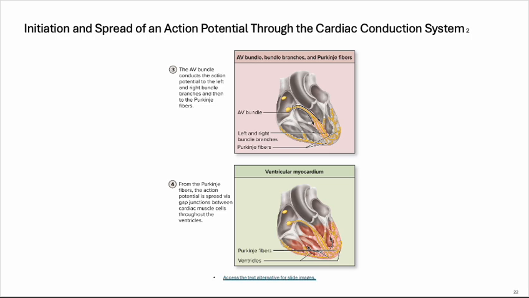So again, you go SA node to AV node to that AV bundle or bundle of His to the bundle branches, and then to the Purkinje fibers, right? And again, you get this very quick signal moving down, especially with the Purkinje fibers. The Purkinje fibers are really large, so they allow that nervous impulse to travel very, very rapidly, and it allows the ventricles to contract in sync.